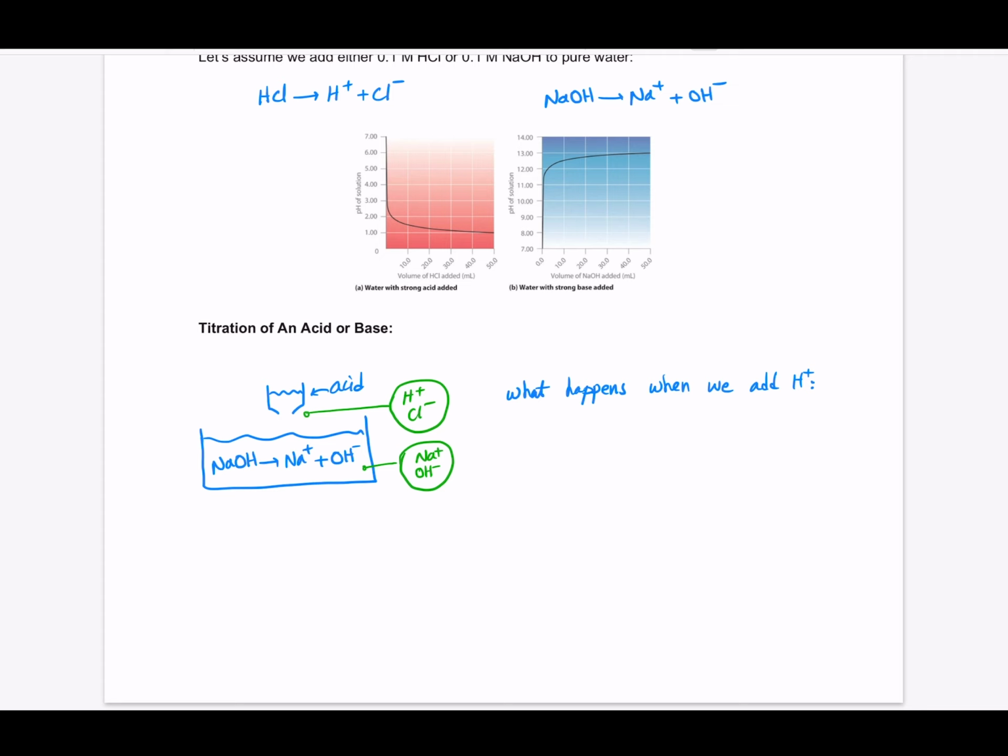Yeah, exactly. So in this case, H plus that is introduced from HCl would be combined with OH minus from sodium hydroxide to form water.